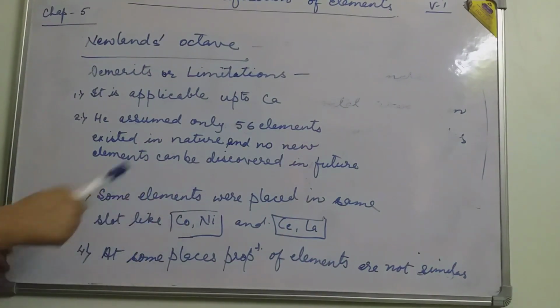The property of cobalt, nickel is dissimilar with the properties of fluorine, chlorine, bromine, iodine, etc. These are the demerits and limitations of Newland's octave.